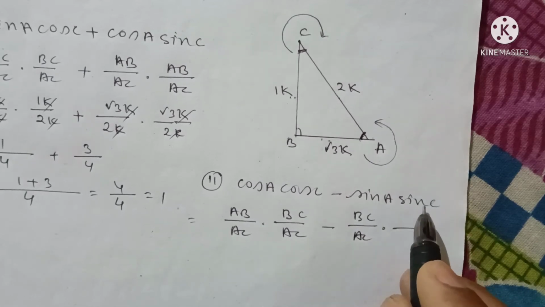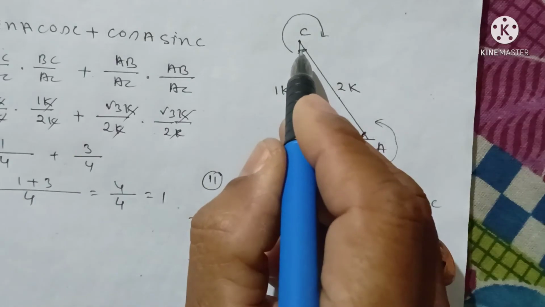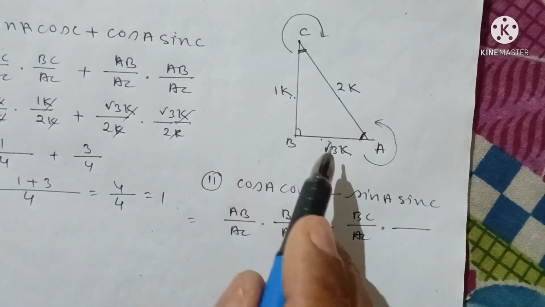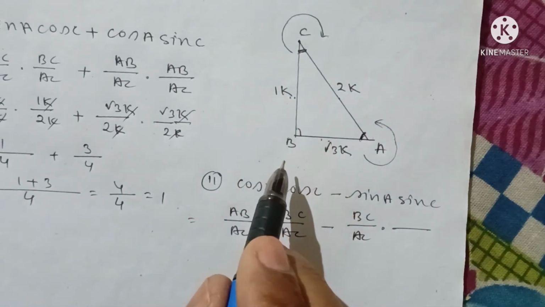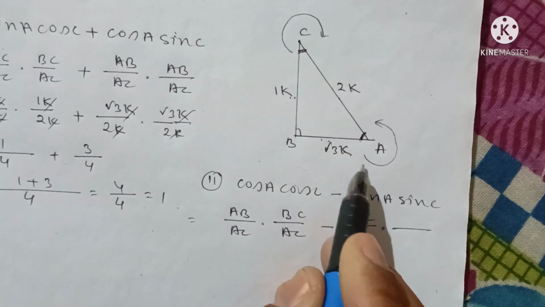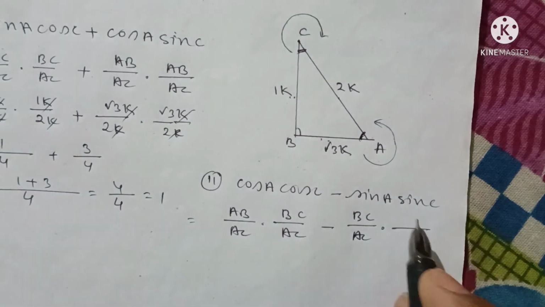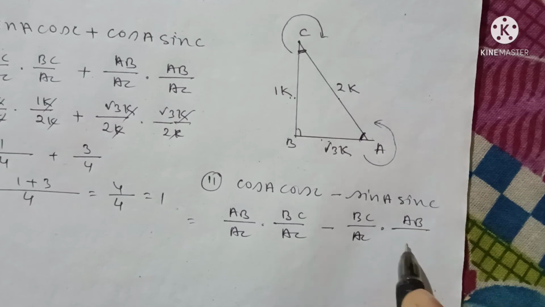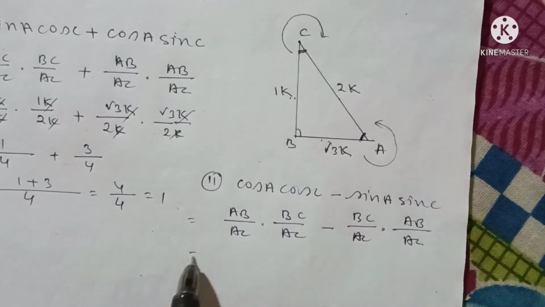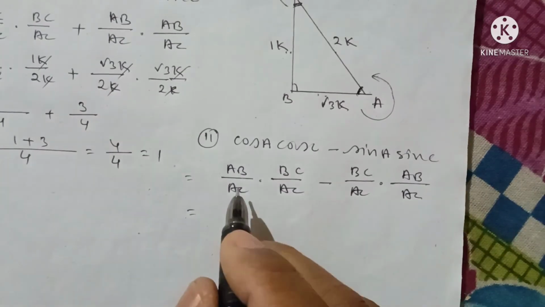Now sin C. Sin C is what? This is acute angle, this is base, this is perpendicular. Then sin C means perpendicular by hypotenuse, AB by AC. Now put the value of AB.